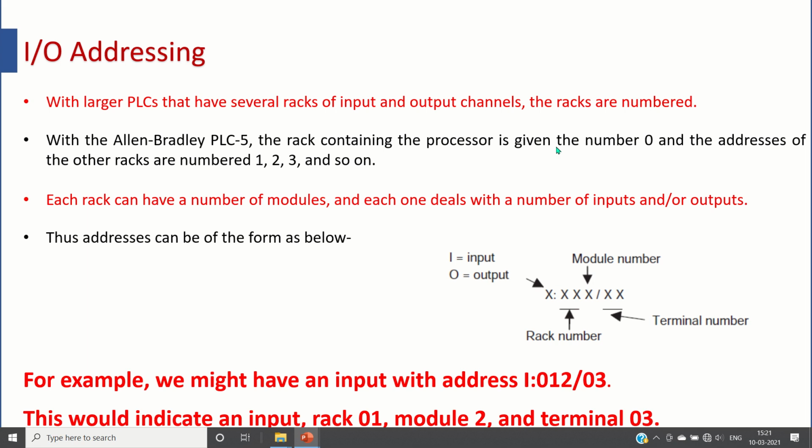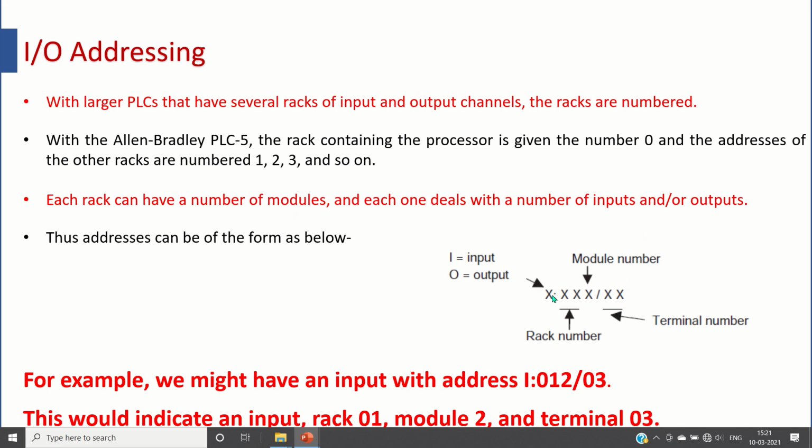The rack containing the processor is given the number 0 and the addresses of the other racks are given as 1, 2, 3 and so on. Each rack can have a number of modules and each one deals with a number of input and output ports.